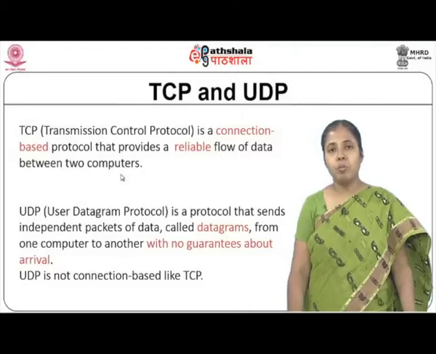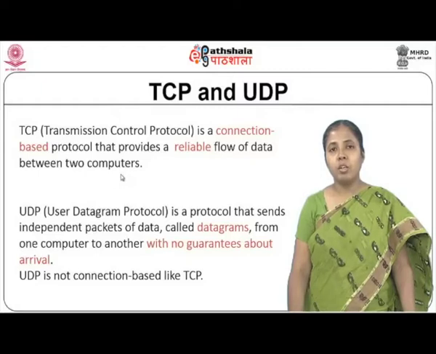Whereas UDP, the User Datagram Protocol, normally sends data as independent packets of data. These independent packets are called datagrams that are sent from one computer to another, but there is no guarantee that the data has arrived on the other end.